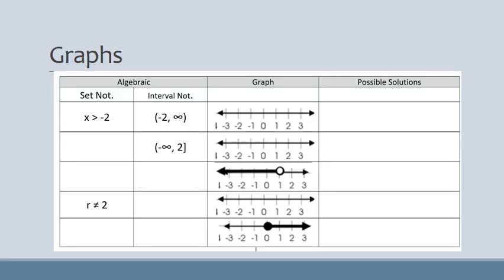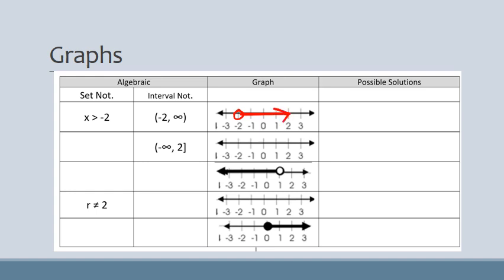Right, so let's look at the different kinds of notations and the solutions that they are going to be. This is x is greater than negative 2. And in interval notation, we have the parentheses negative 2 to infinity. So we're going to have an open circle on negative 2, and my arrow is going to go to the right.